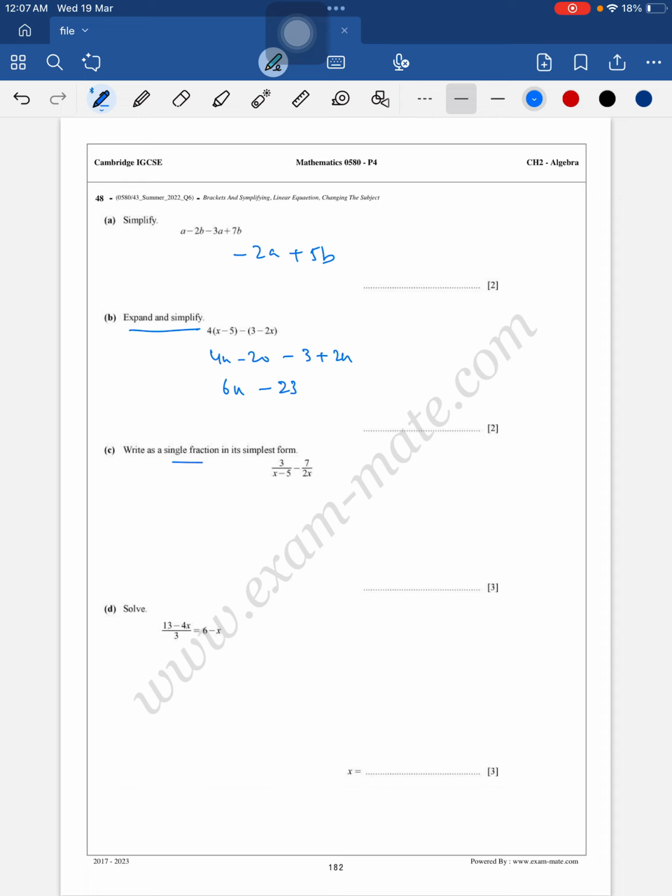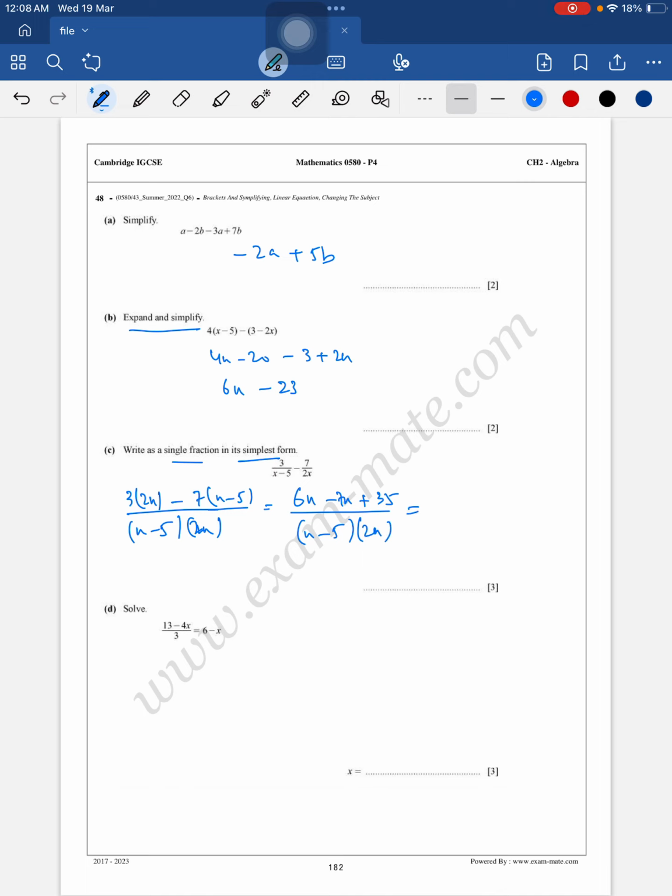Write as a single fraction in its simplest form. Taking LCM, x minus 5, 2x. X minus 5 gets cancelled with x minus 5, 3 into 2x, minus 2x gets cancelled with 2x. So minus 7 into x minus 5. 3 into 2x is 6x, minus 7x plus 35, upon 2x into x minus 5.